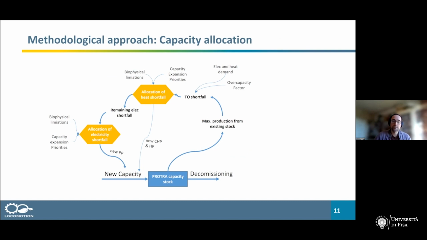And this amount of capacity needs to be replaced by some other technology. Here again, we also have the issue with CHPs that can produce electricity and heat. So we also have this stepwise approach, but you also have to decide on a signal for the priorities.